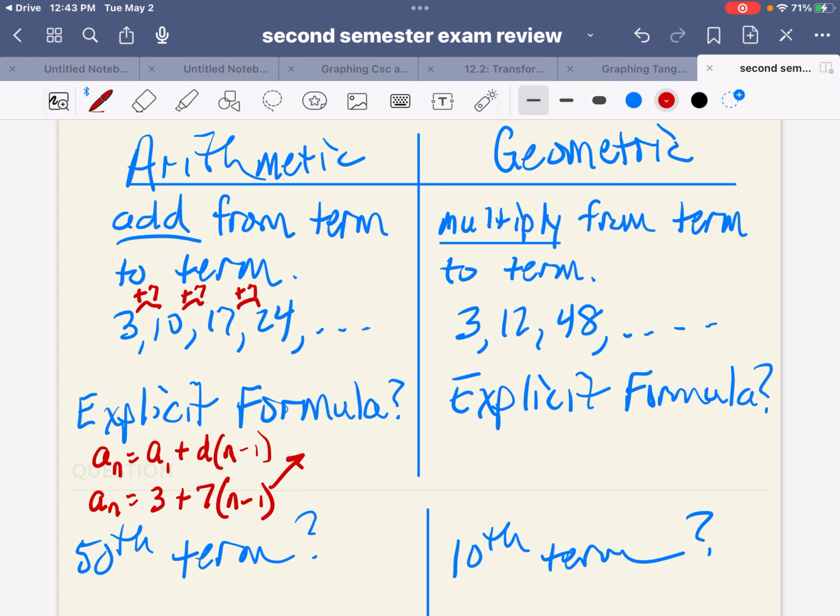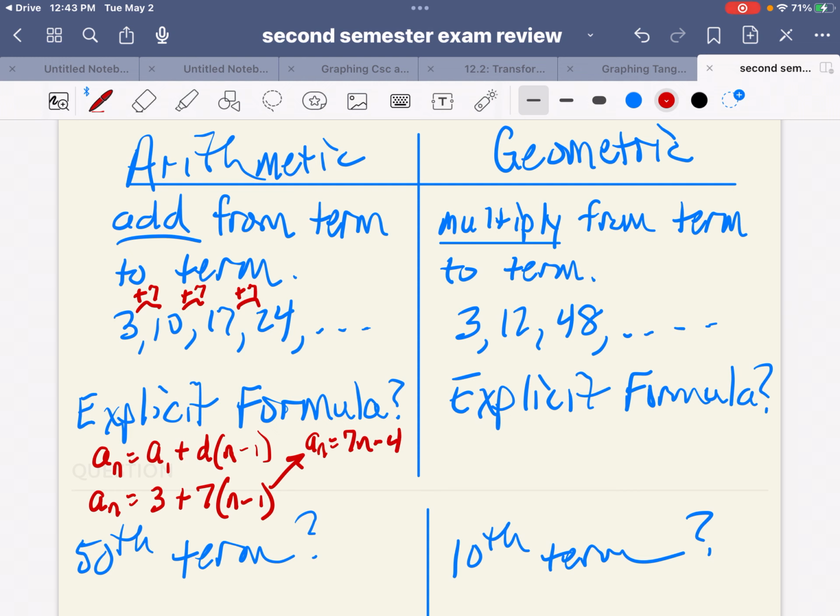Now, I could say that that's the explicit formula and just stop right there, but sometimes I like to distribute the difference and clean up the formula. If I distribute that 7, I have 7n minus 7. And then if I add the like terms, 3 minus 7, I have minus 4.